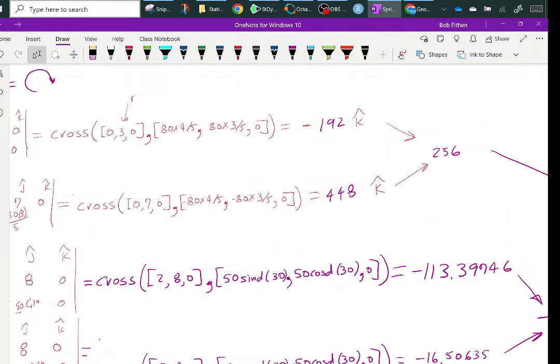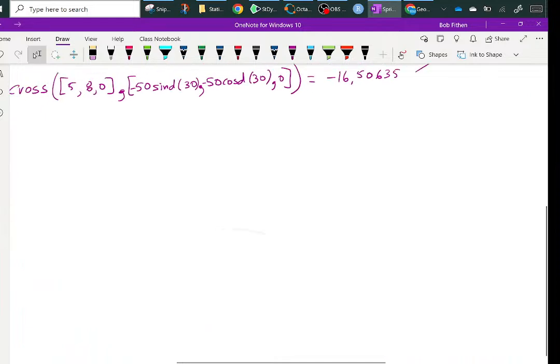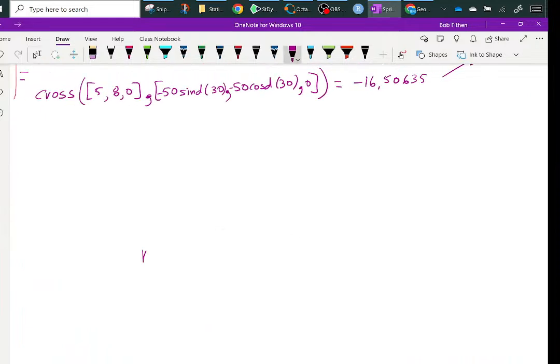Now, I just want to try something, and I don't think it's going to work. No, as a matter of fact, it can't work, because here, if you do R cross F, plus R2 cross F2, is that equal to R1 plus R2 cross F1 plus F2?